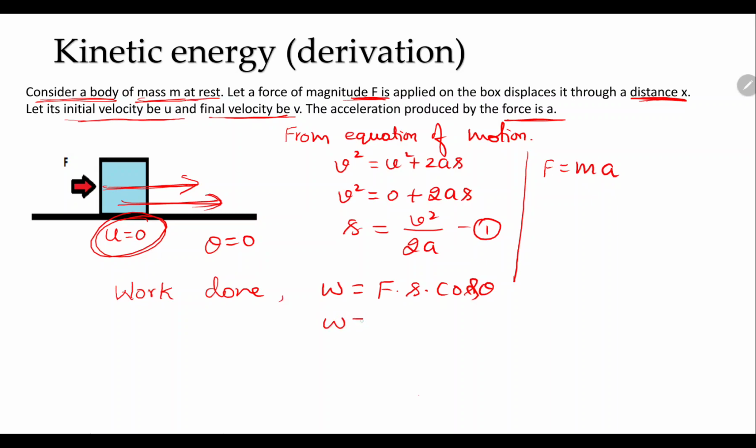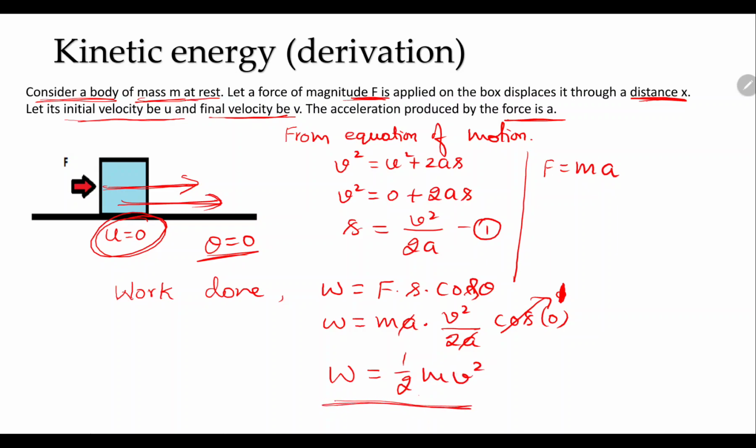So work done is equal to force, m into a, times displacement, v square divided by 2a, times cos 0. The a will get cancelled, cos 0 value is 1, so we get work done is equal to 1 by 2 mv square. This half mv square is the expression for kinetic energy.